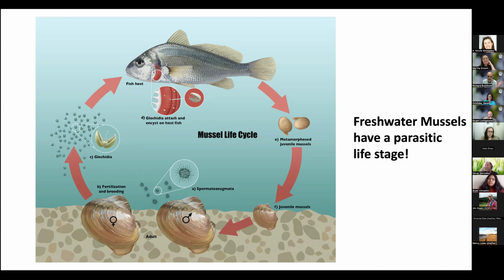They're probably getting some nutrients directly from the blood vessels in the gills. And mussels don't spread, right, and colonize habitat without their fish hosts. And sometimes they have very exacting hosts.